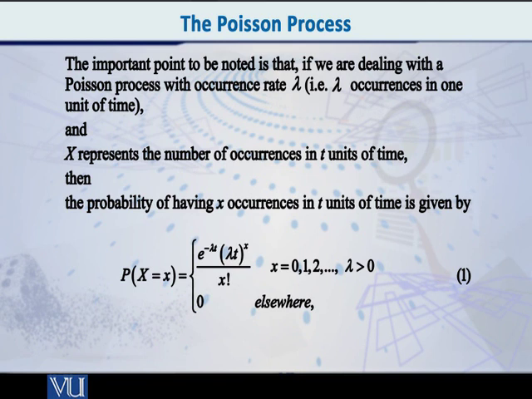So let me say it again, that if we are saying that lambda occurrences will happen in 1 unit of time, and if X, capital X, represents the number of occurrences that we are interested in not in 1 unit of time, but in t units of time, then the probability of having small x occurrences in t units of time will be given by the Poisson distribution formula, but keeping in mind that the parameter for this formula at this moment will not be lambda, but it will be lambda t.